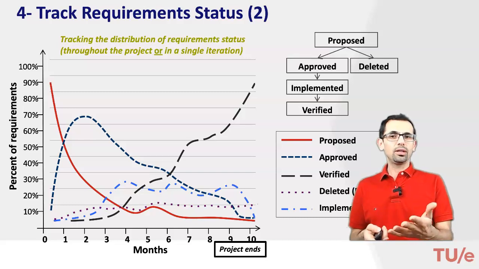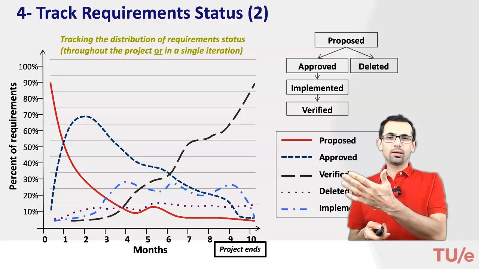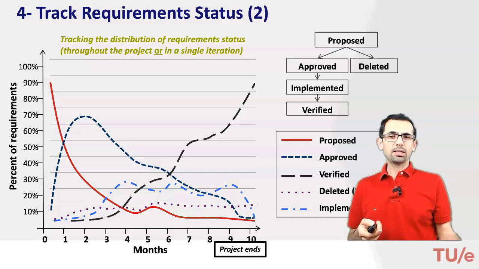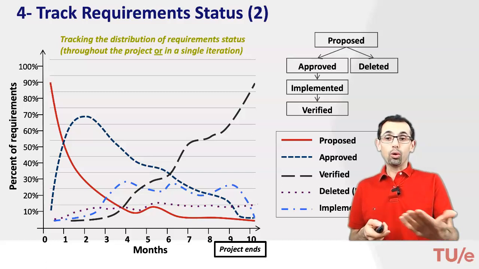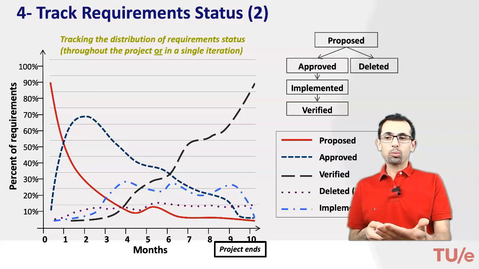I'll not go into the details of this figure, but basically it starts from the proposed status, and at the end it basically does not have any proposed, because they are either implemented or verified or deleted. So it starts with the proposed.